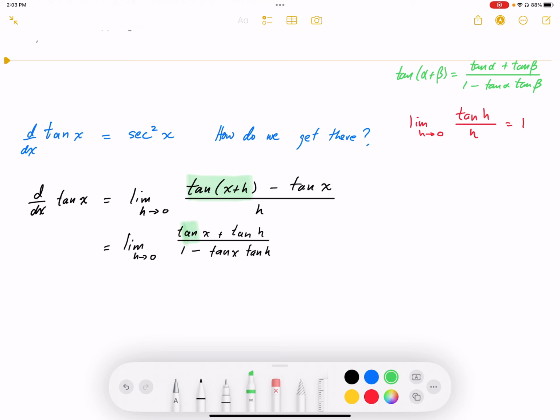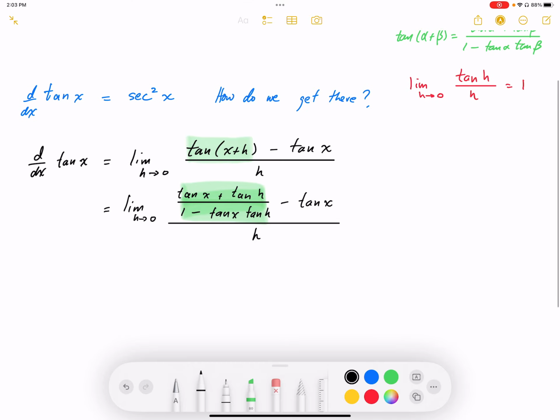Okay, so all of this is just the application of the trig identity. Then we're going to have minus tan x, and that's all over the h, which we're going to let go to 0. Okay, so to simplify this, we need to group together a common denominator.